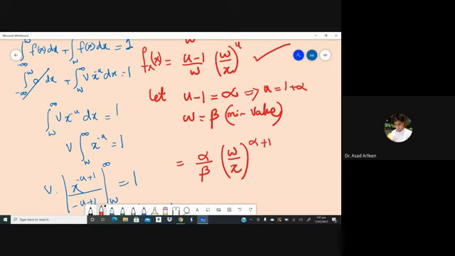So alpha over beta, and then obviously, sorry, this is not, this is beta over x to the power alpha plus 1. So this is now the density function of the Pareto random variable.